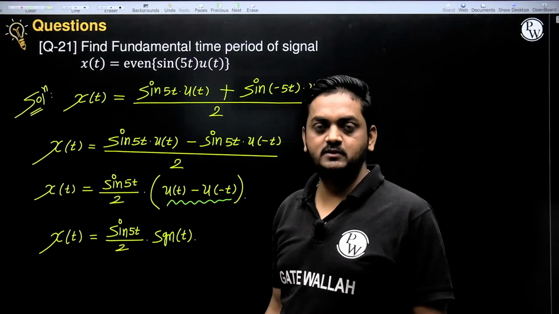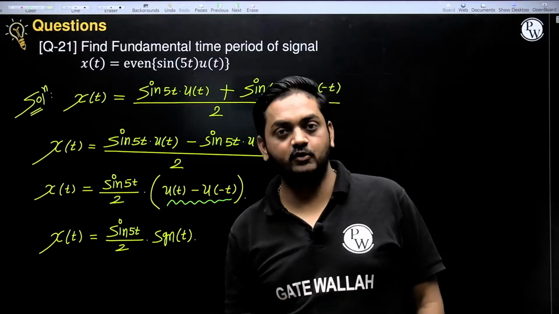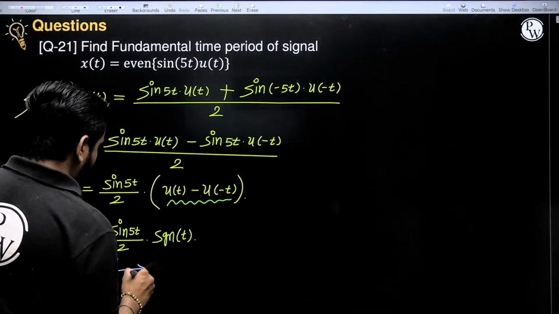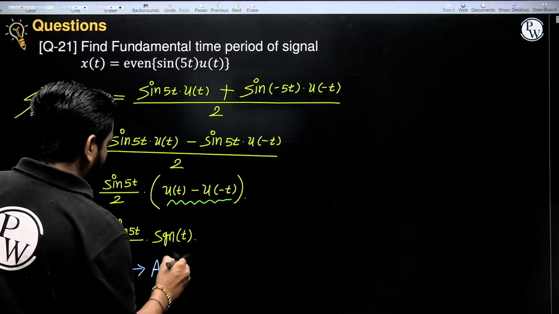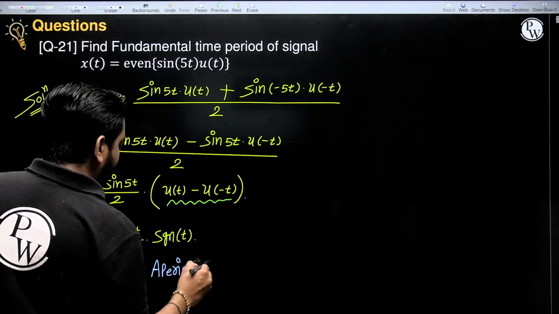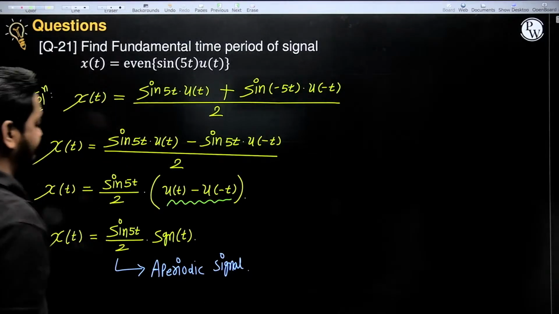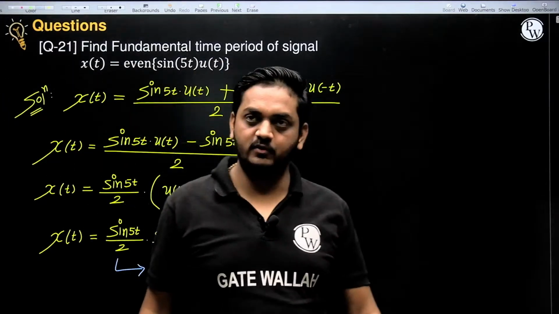Yes or no? If you multiply a periodic signal with the signum function, then it will change the periodicity of the given signal. Again, here also it will no more remain a periodic signal. It will be aperiodic, or we can say non-periodic signal. Correct? Aperiodic signal. Very good.